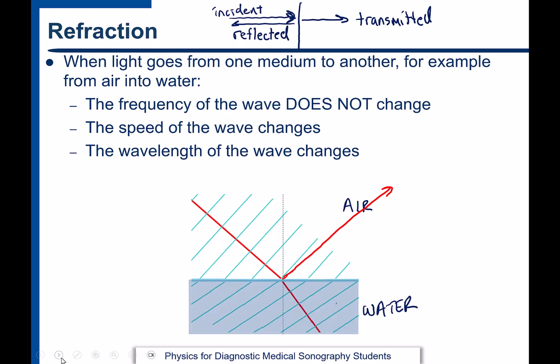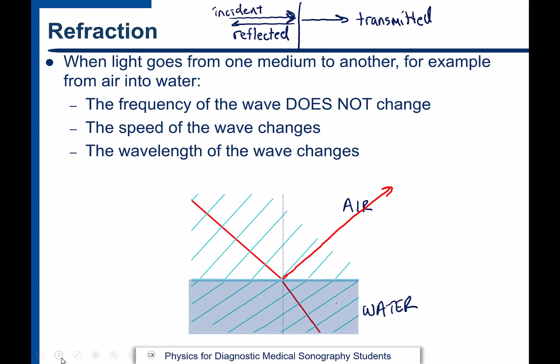If we look at what happens, what we notice is the frequency of the wave doesn't change. Remember, the frequency is determined by the frequency of the vibration. So once that wave is created, the frequency stays the same, with the exception of the Doppler effect if the source is moving. But otherwise, the frequency doesn't change.